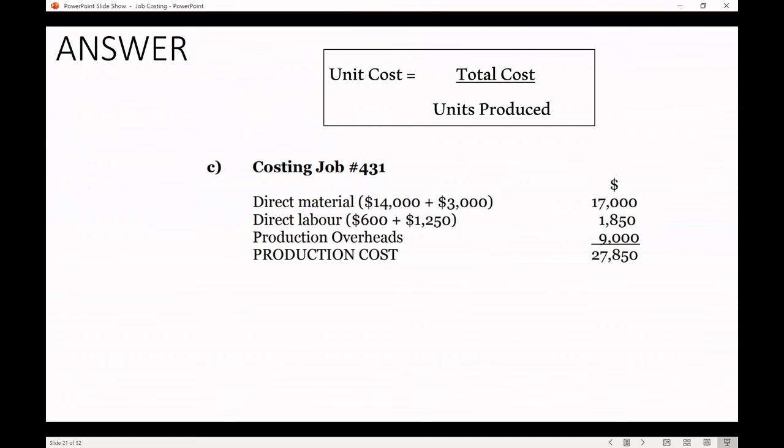So now that we have total costs and we know units produced, we divide both, and our unit product cost is $1,392.50. So let that sink in a little bit before we go to part D, the final part of the question.